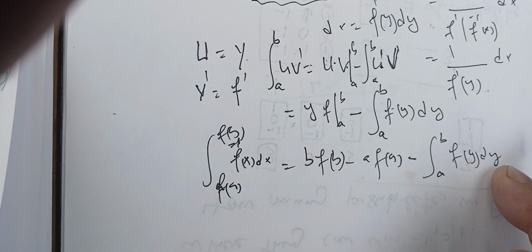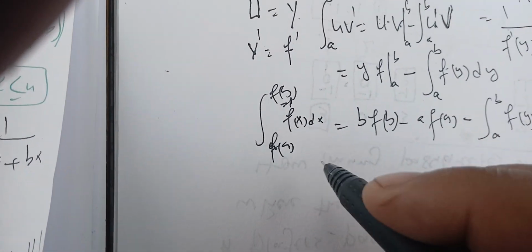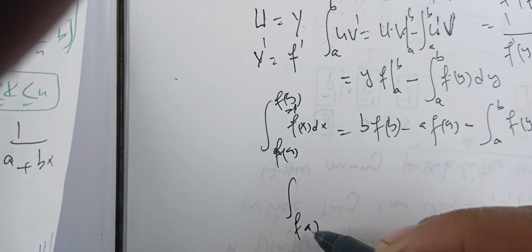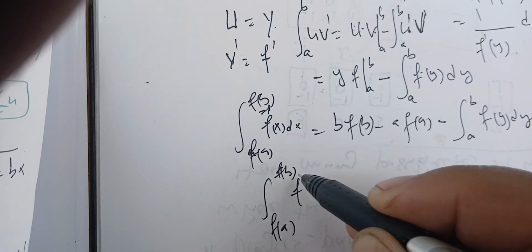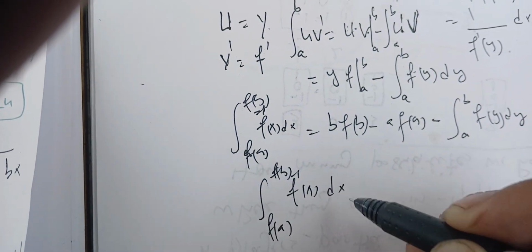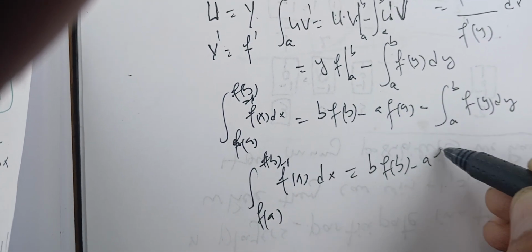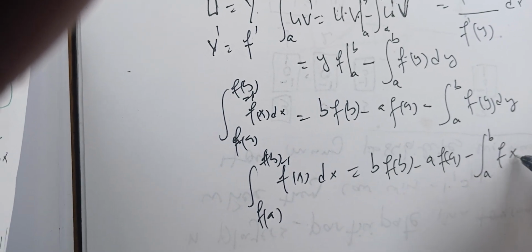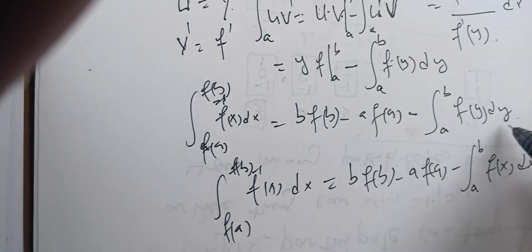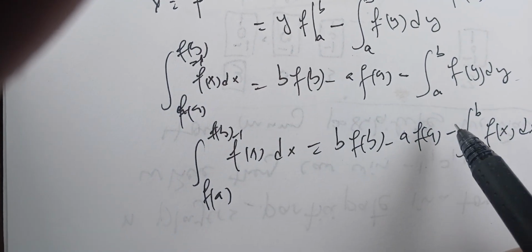Here, dy is just a dummy variable, I can change it to x. So the integral between f(a) and f(b) of f inverse dx is going to be b f(b) minus a f(a) minus the integral between a and b of f(x) dx. The y here is just a dummy variable. So that's what it means.